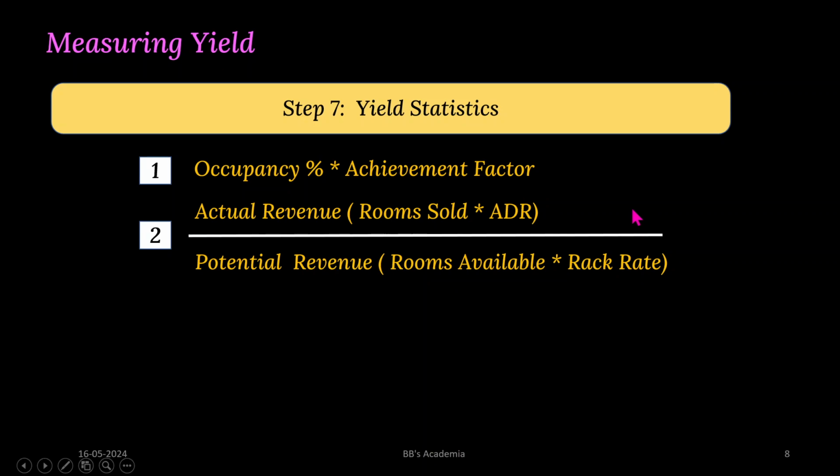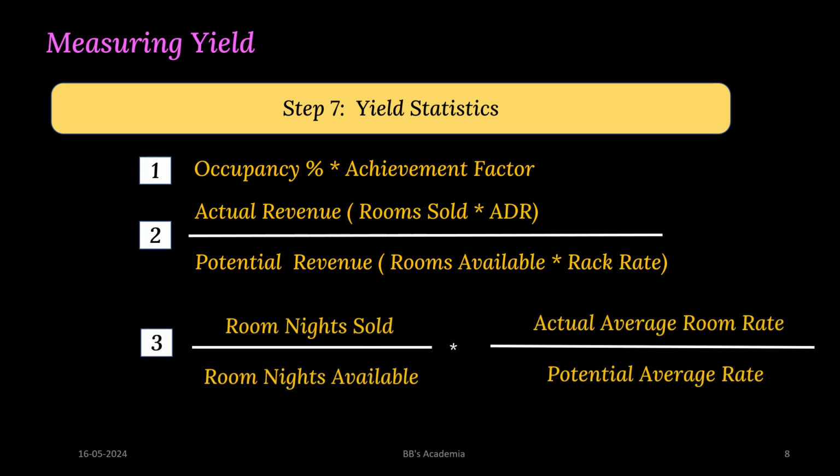That is also a part of yield statistics. And another one is room nights sold divided by room nights available multiplied by actual average room rate divided by potential average rate. If you calculate that, you get another figure which is part of yield statistics. So these are the three ways you can calculate the yield statistics. Fair enough? Let's move forward.